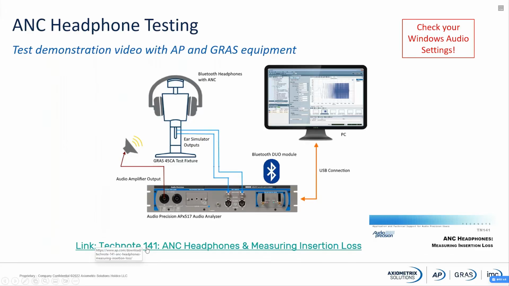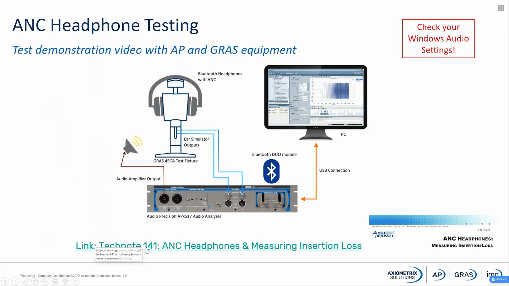If the test fixture we are using has a lower insertion loss than the headphone itself, then what we are going to be measuring as a result of our test is the insertion loss limit of the test fixture itself. And that's why we want to make sure that the test fixture has a high insertion loss.